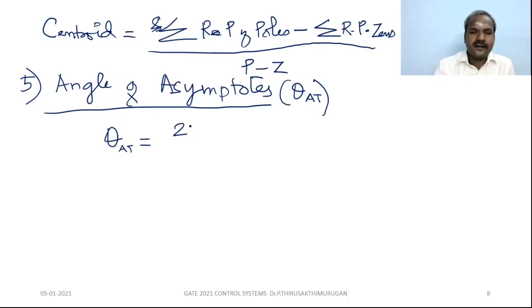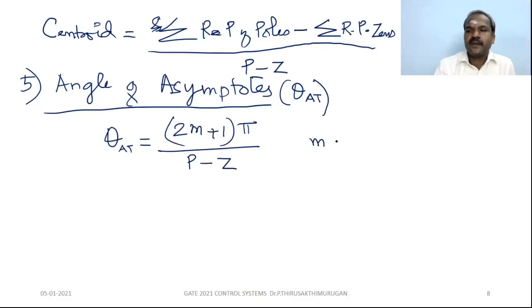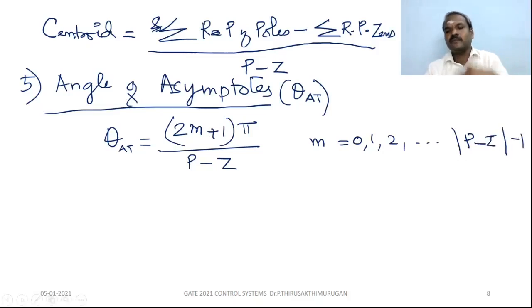theta A equal to (2m plus 1) times pi divided by P minus Z, where m equals 0, 1, 2, 3, etc., up to the modulus of P minus Z minus 1, that is, the total number of poles minus zeros minus 1.